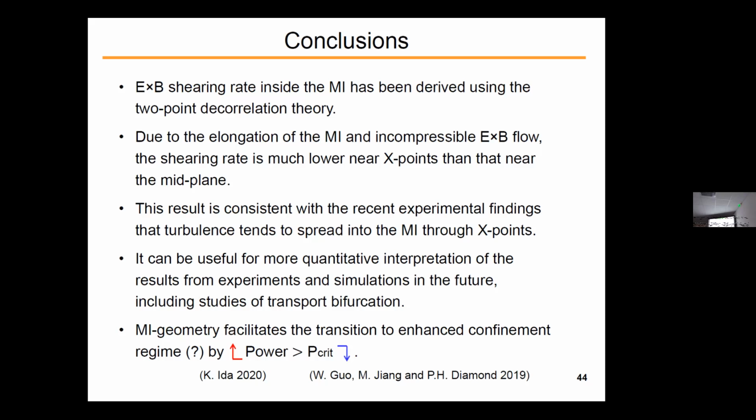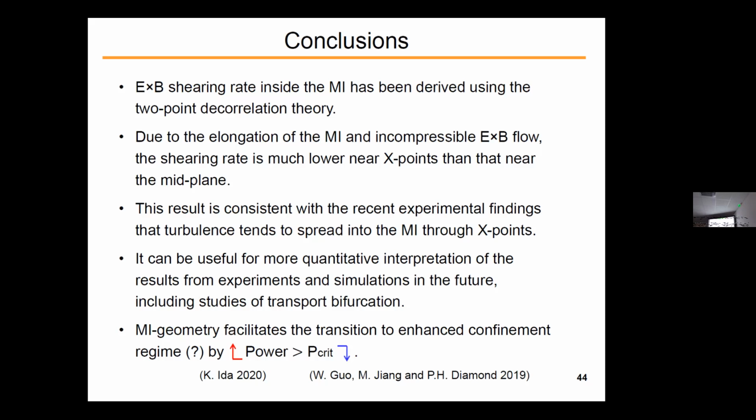So Ida-san's speculation is that since the magnetic island makes the outgoing heat flux more concentrated near the X point, that makes exceeding the power threshold much easier. So this is a rather interesting, but arguable argument.